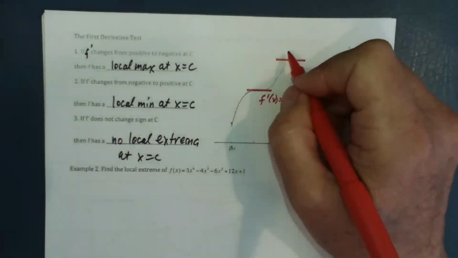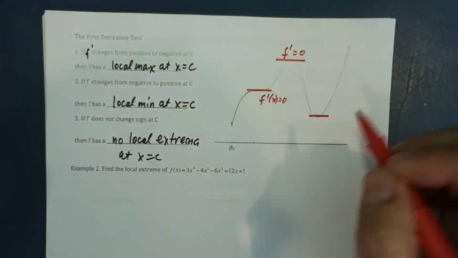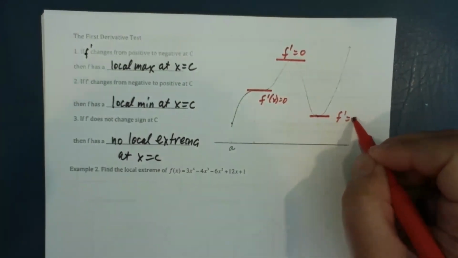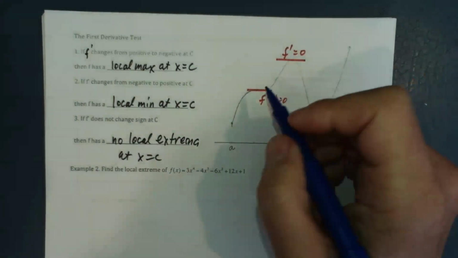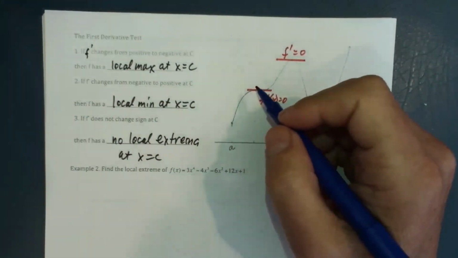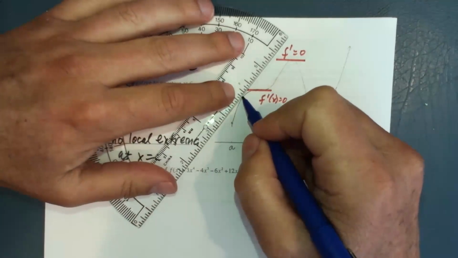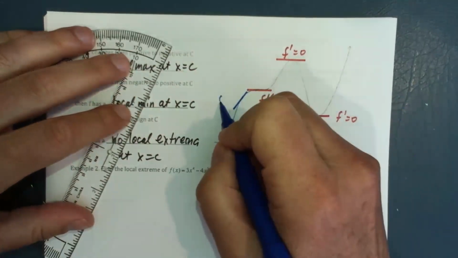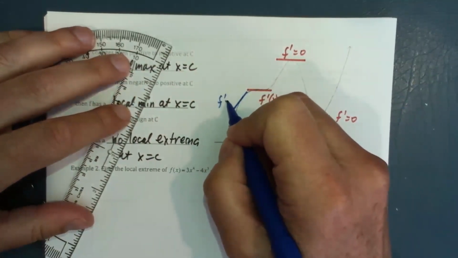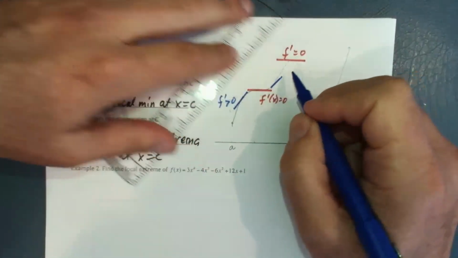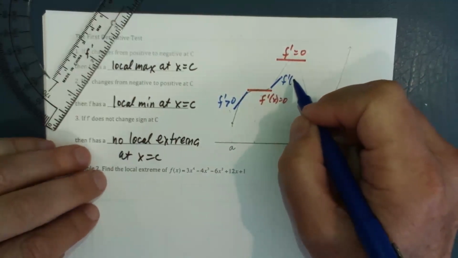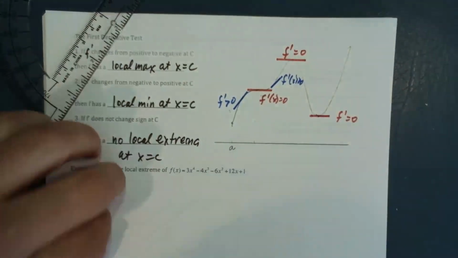And again, for each of these, f prime equals 0. And I want to point out that the slope of the tangent line before our 0 here, f prime is positive, and even after, f prime is positive.